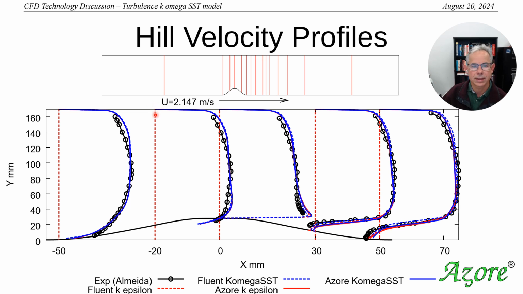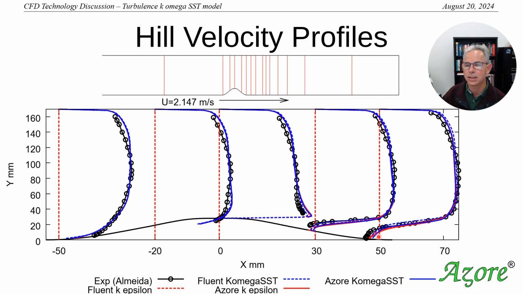And that pattern repeats. So this line right here represents this line right here. And you'll notice that the experimental data, as it comes down, doesn't go all the way to the bottom because the hill position is right here. And so this shows the experimental data right here and the numerical predictions at each one of the locations as the fluid passes over the hill. And that goes all the way down to this position right here.